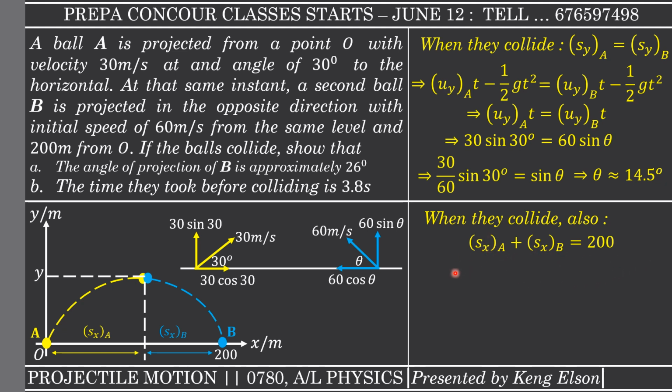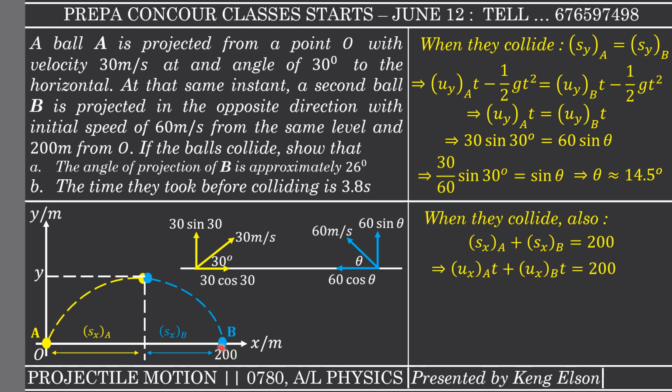Now what is S? Remember that S is equal to ut plus half at squared, but in the horizontal direction there is no acceleration, so a is 0, and S will just be equal to ut. So we have uxt. Since we are dealing with SX, we need to take the initial velocity in the horizontal. The same thing for B, then we equate to 200.